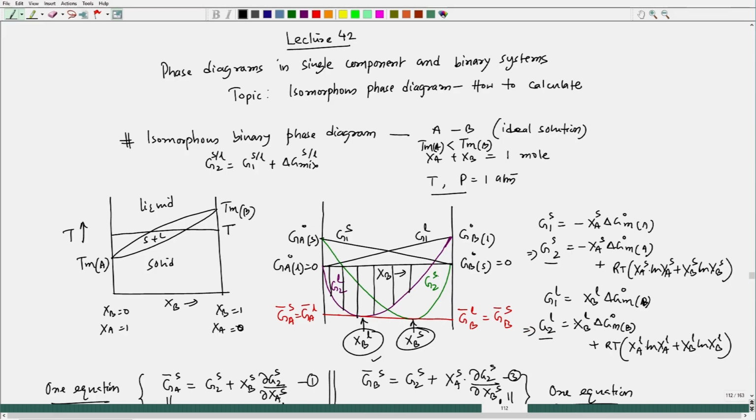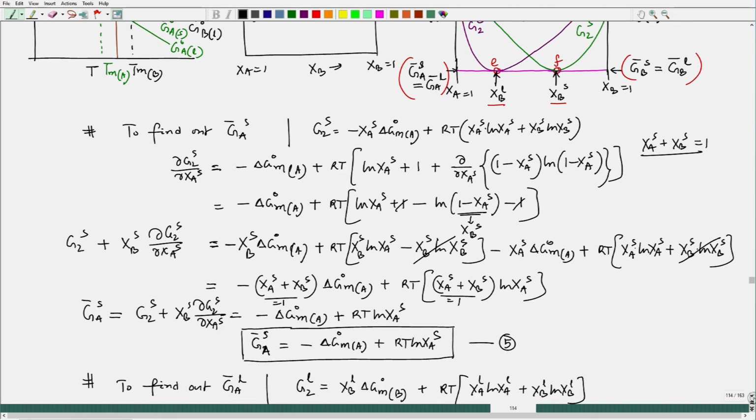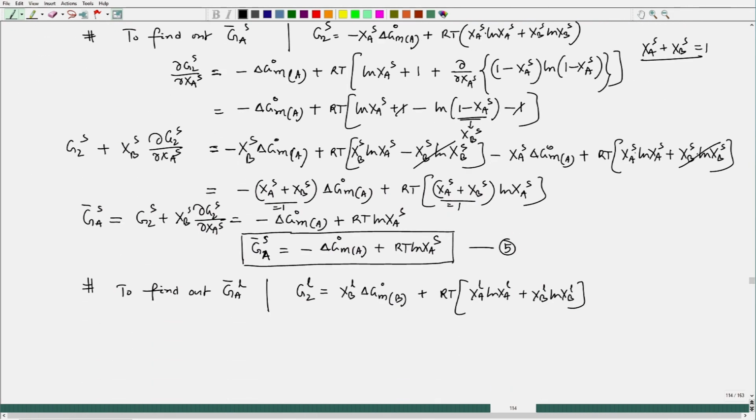For G2 solid, similarly I can get all those compositions. Now, the way we have done it for G A bar solid, we will do it for G A bar liquid.